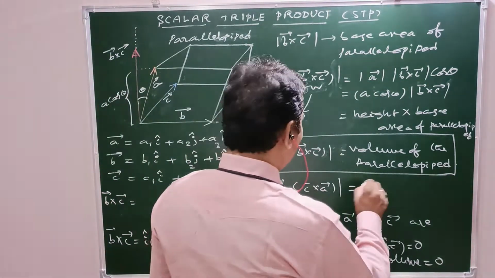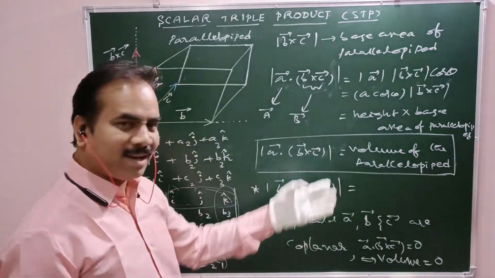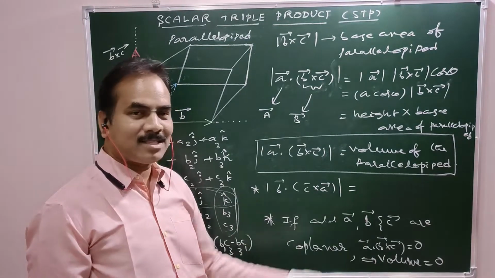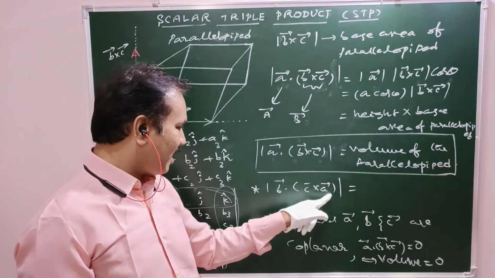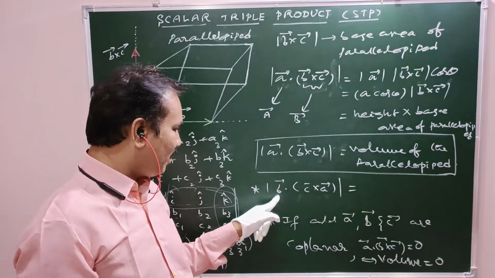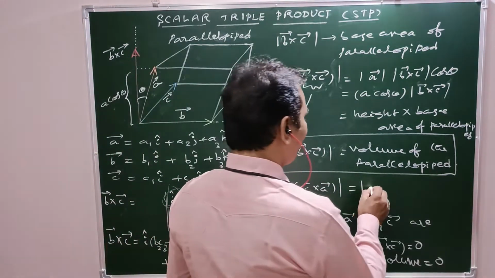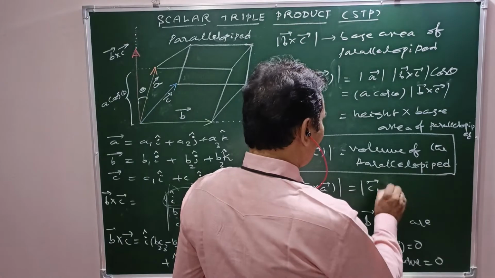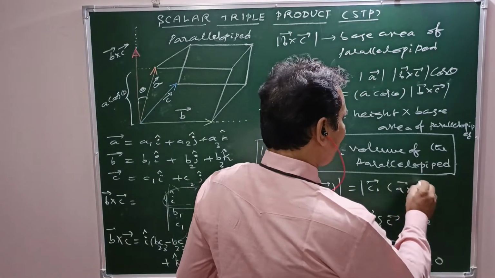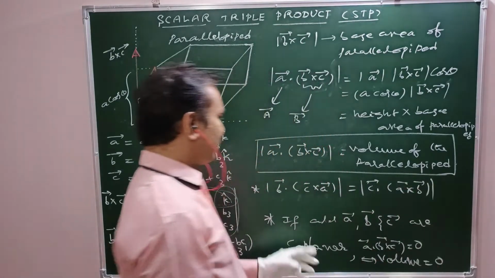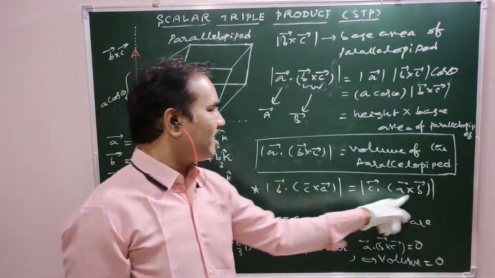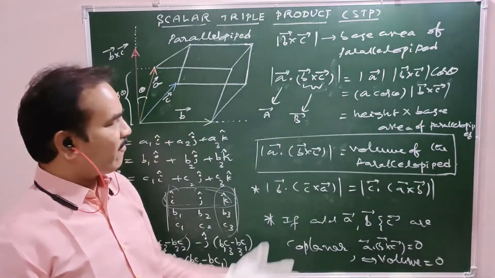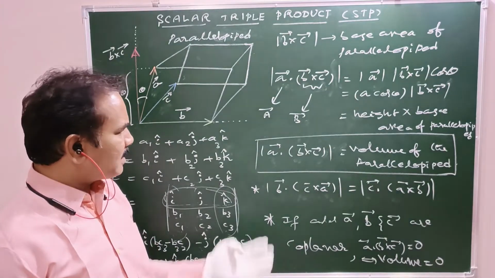One more thing. Here it is A bar dot B bar cross C bar. Here it is B bar dot C bar cross A bar. See the sequence: A, B, C; B, C, A; next C, A, B. Mod C bar dot A bar cross B bar. It follows a cyclic sequence permutation.